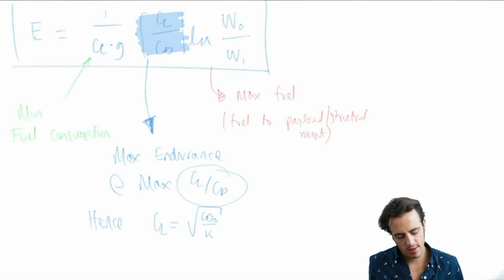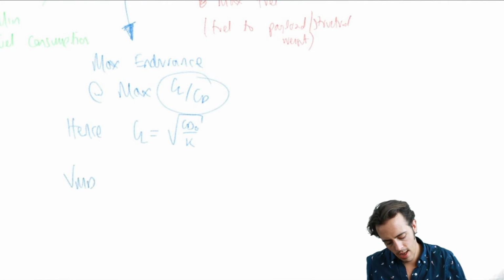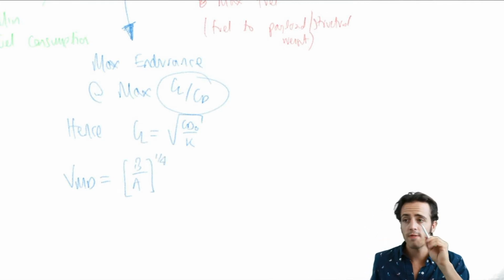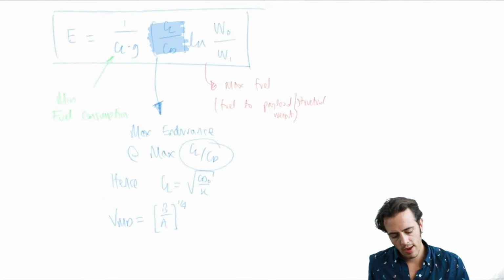So that's found at CL equal to the square root of CD0 on K, and at VMD, which is equal to B divided by A to the power of a quarter. So for a jet aircraft, our best endurance is found at the minimum drag speed.